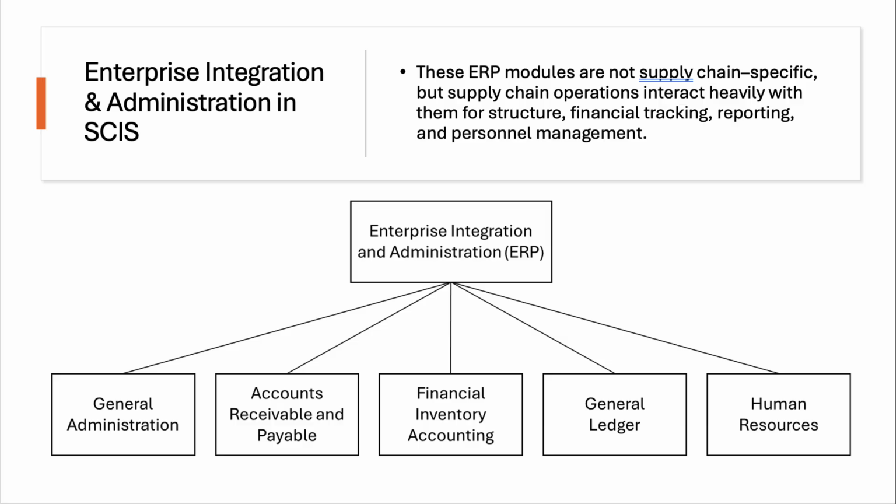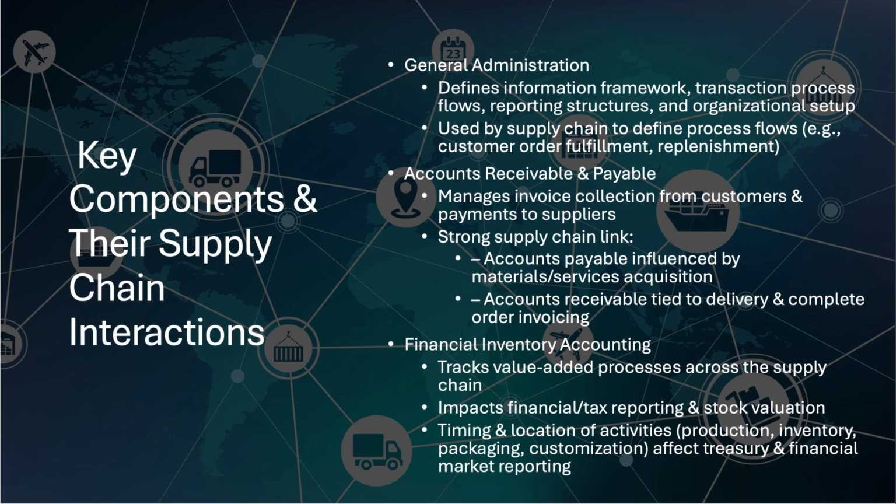The first component is general administration. This defines the information framework, transaction process flows, reporting structures, and organizational setup. Supply chain operations use this framework to define processes such as customer order fulfillment and replenishment.